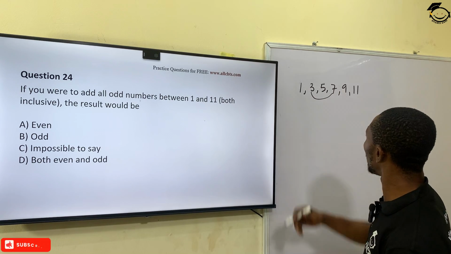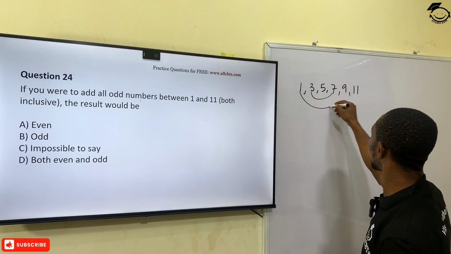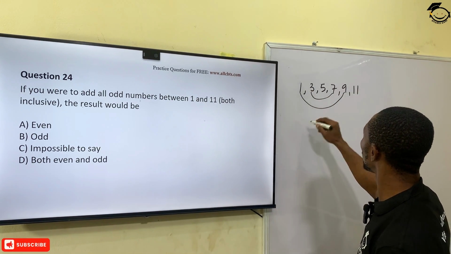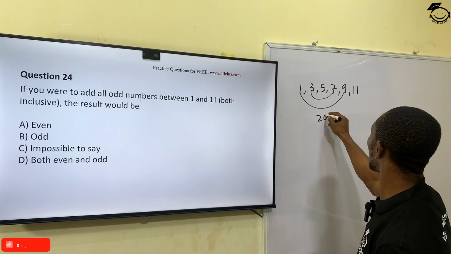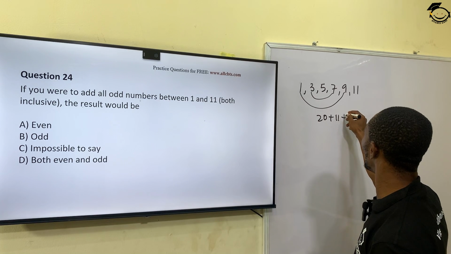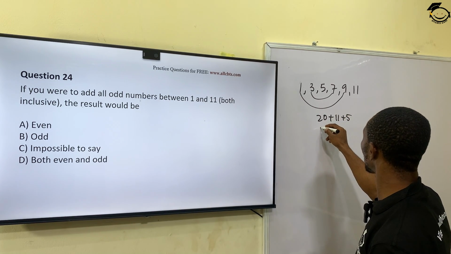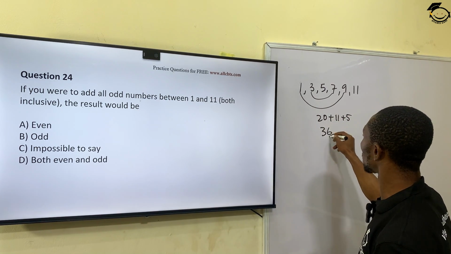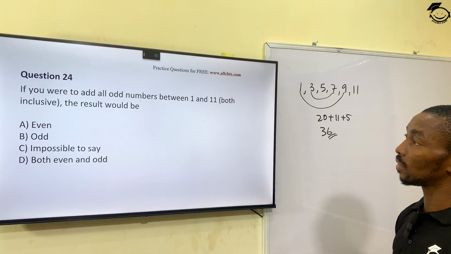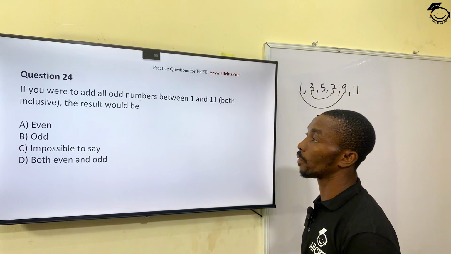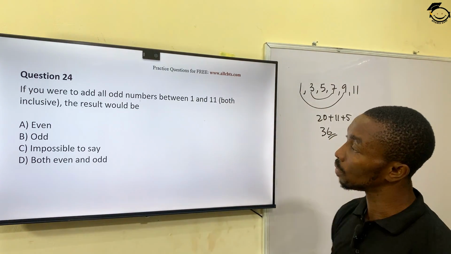This and this will give us 10. This and this will give us another 10. So we have 20 plus 11 plus 5, which will give us 36. So if we add all the odd numbers between 1 and 11 inclusive, our result will be even, which will be option A.